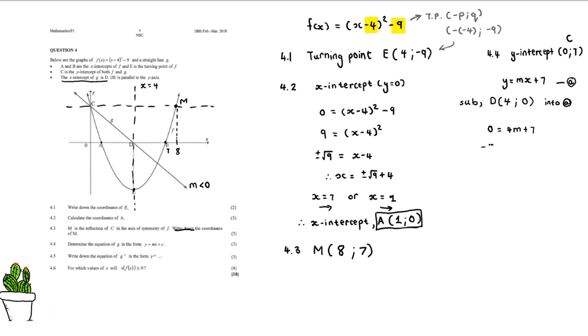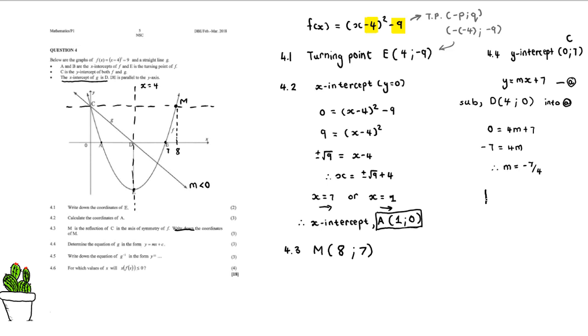You'll get minus 7 is equals to 4m, and then m is equals to minus 7 over 4. Right, there we go. Our gradient is less than 0, which is exactly what we were expecting.